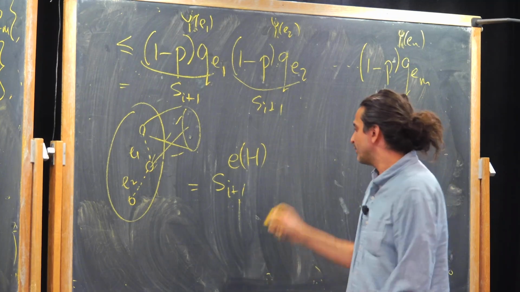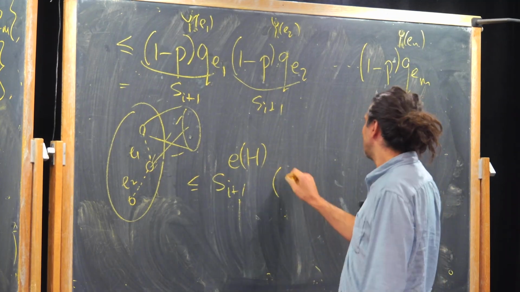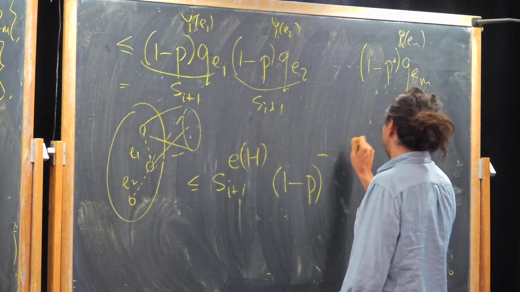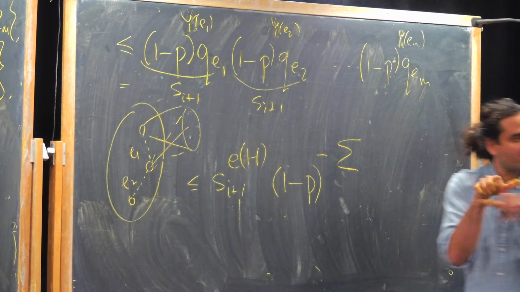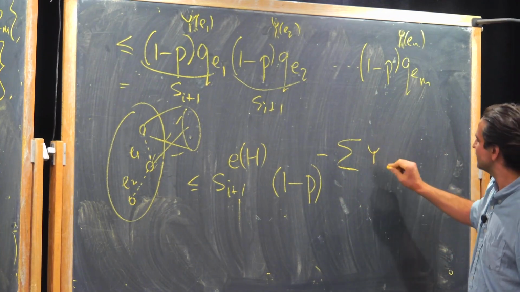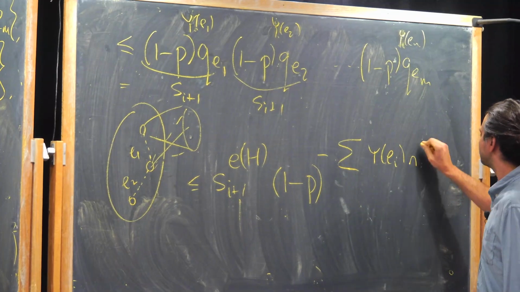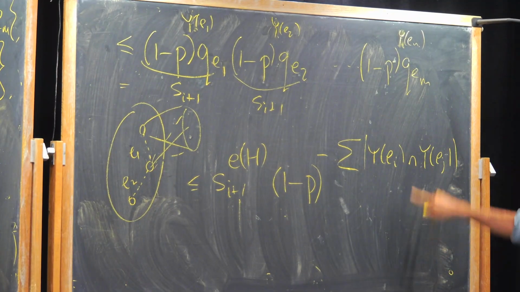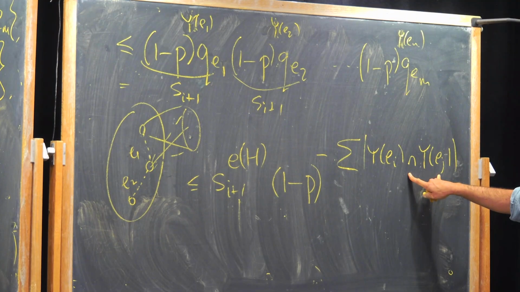But then I double counted, so I subtract from 1 minus p all possible intersection sizes. So this is Y_{E_i} intersection Y_{E_j}, something like this.